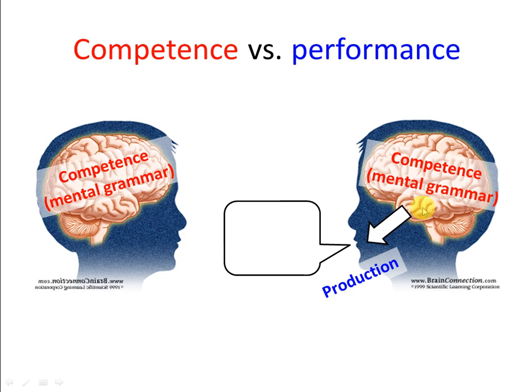If you don't have this competence in the first place, you can't produce anything. You have to have this thing to produce a sentence. So if you don't have the mental grammar of Japanese, you can't say Japanese sentences.